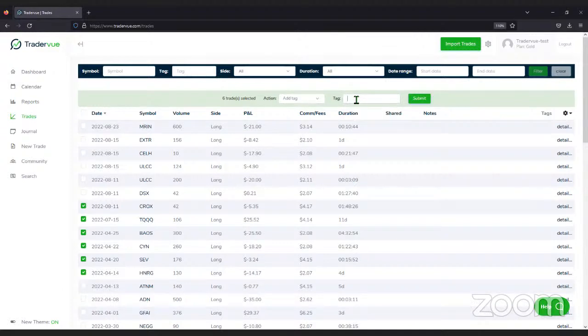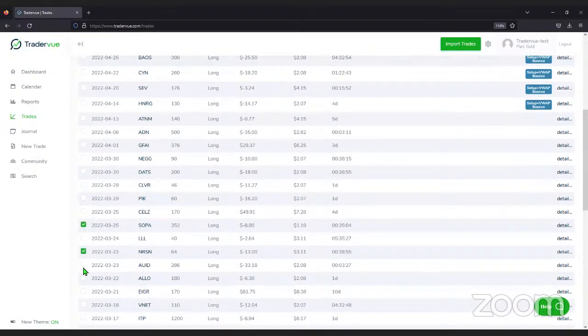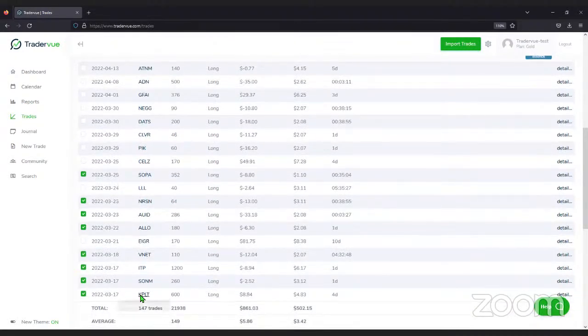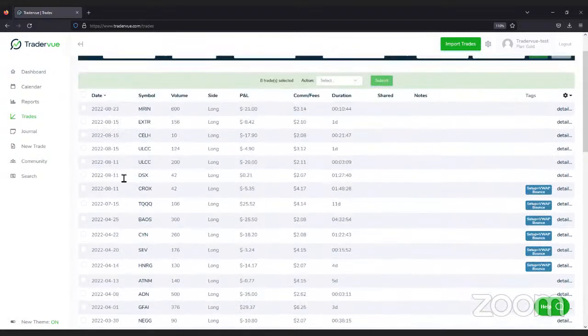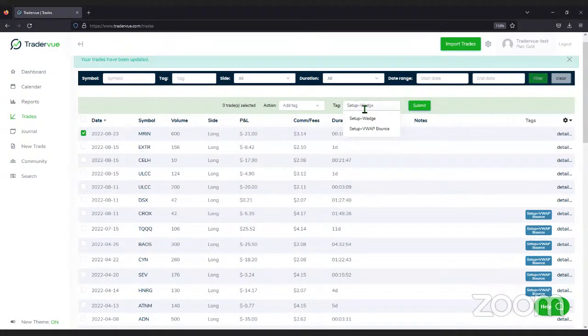Let's add setup equals view up bounce, let's call it. I'm just going to add a couple more trades for the sake of the example. And it's setup.